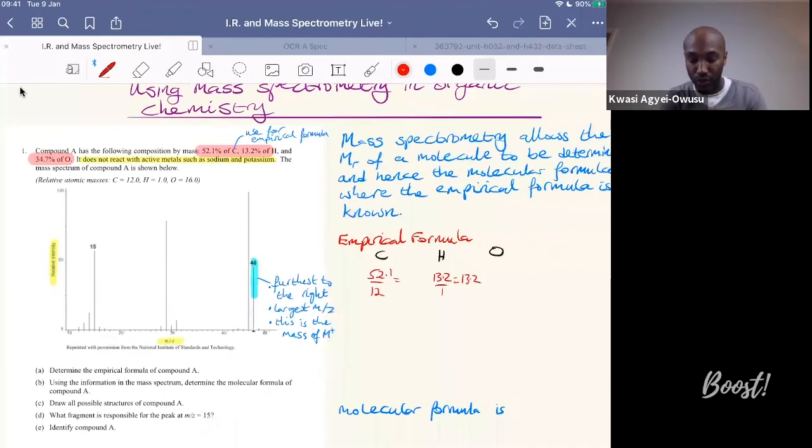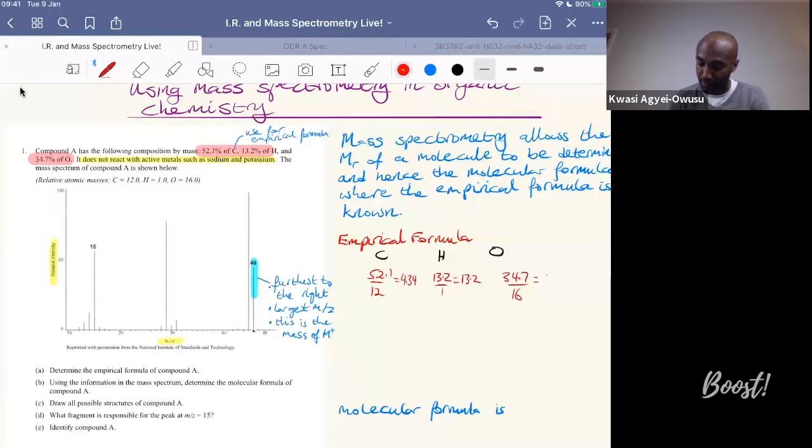And for oxygen, we've got a percentage composition of 34.7 divided by 16. Okay, so what we're doing is working out the moles of each of the different elements present. So 52.1 divided by 12 gives us 4.34. And if we look at the oxygen, which is 34.7 divided by 16, that gives us 2.17.